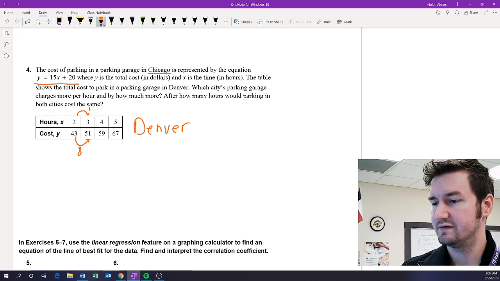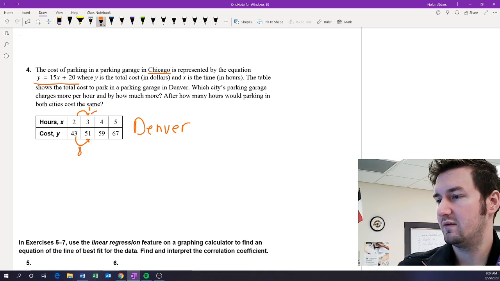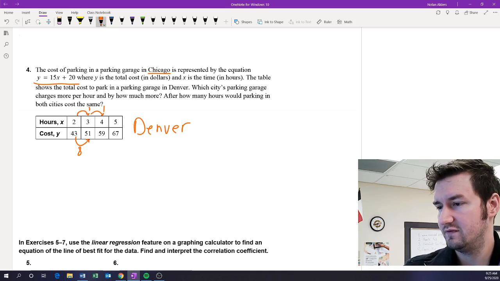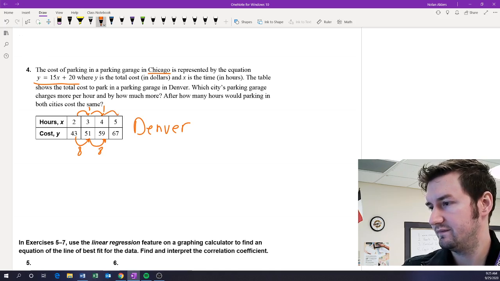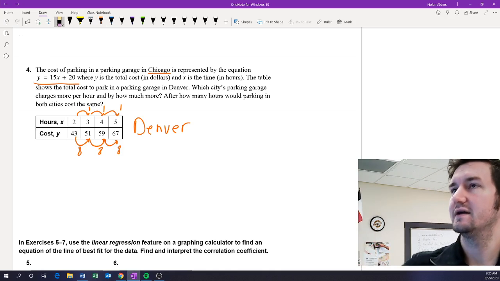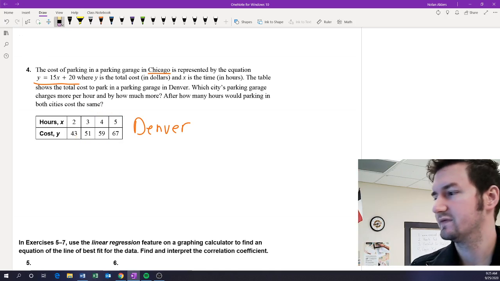And that needs to be consistent. So every time we go up 1, let's see if we go up 8 down here. 51 to 59, so it's also increasing by 8. So it looks like we have a consistent graph. This increases by 1 again. That increases by 8. So yeah, that's consistent. It's increasing linearly, so we can solve this problem.